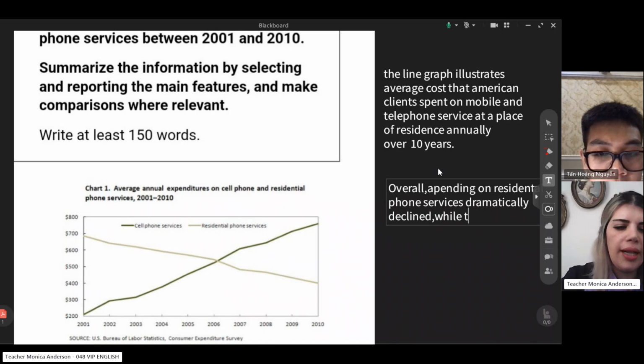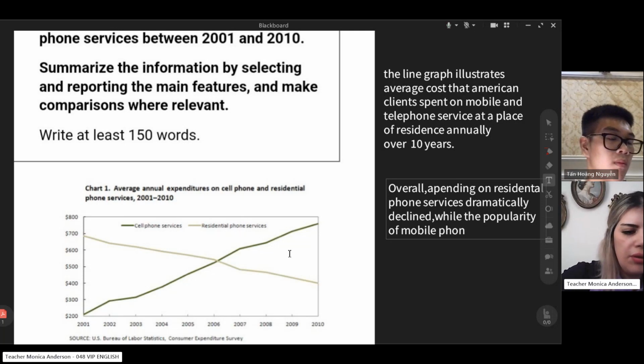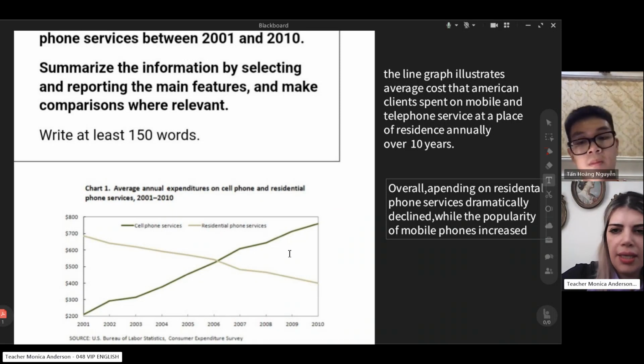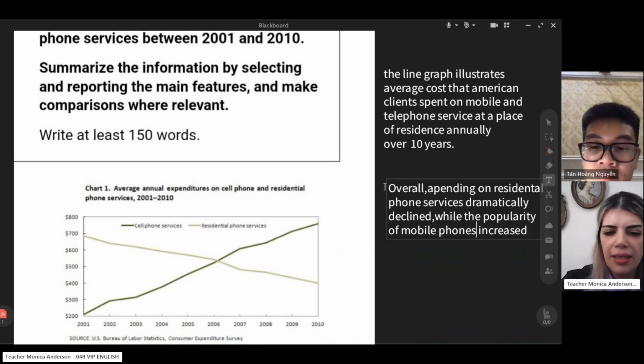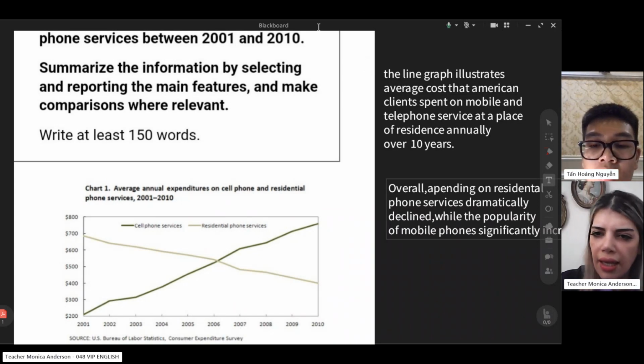While the, for example, popularity of mobile phones increased significantly.